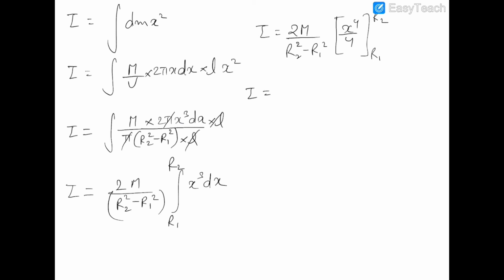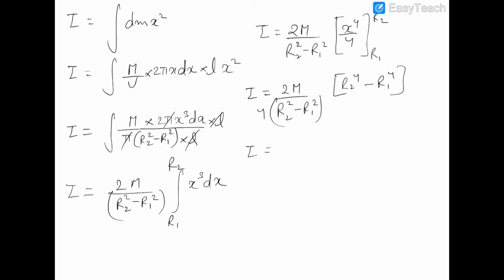So I would be equal to 2m upon r2 square minus r1 square, and this is 4, multiplied by r2 to the power 4 minus r1 to the power 4.